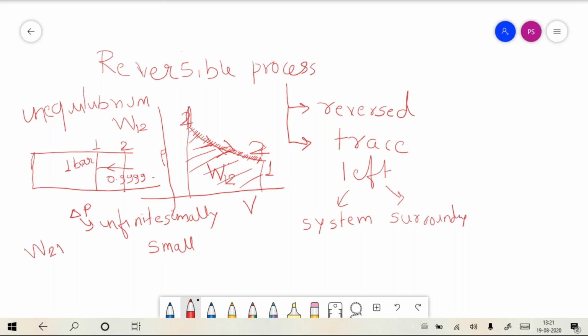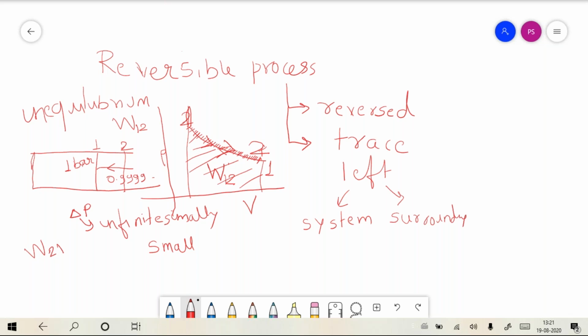So this way we are talking about getting back to the initial state, but getting back to the initial state is not enough. We need to get back to the initial state without leaving any trace on the system and the surrounding. So the complete answer to what is a reversible process is that it's not simply that the process is reversed.